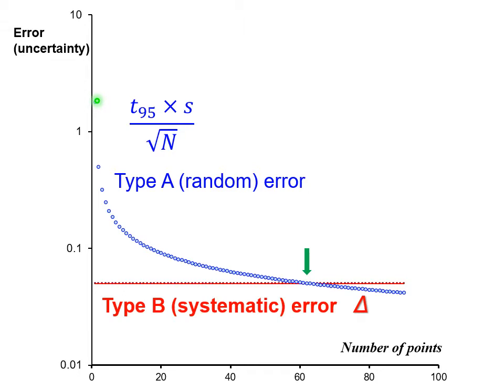random error at small numbers is dominating total uncertainty. With increase of number of points, somewhere here, effect of random and systematic error becomes practically equal, and with further increase of points you have no improvement of your results, because systematic error will dominate the picture.